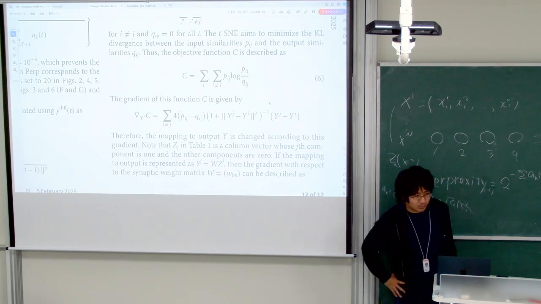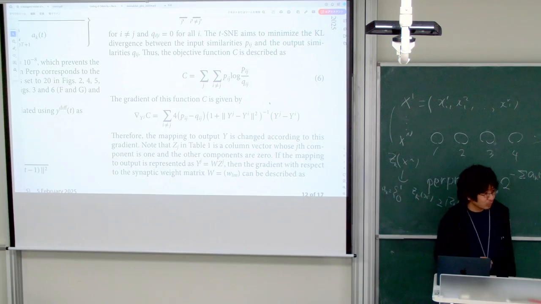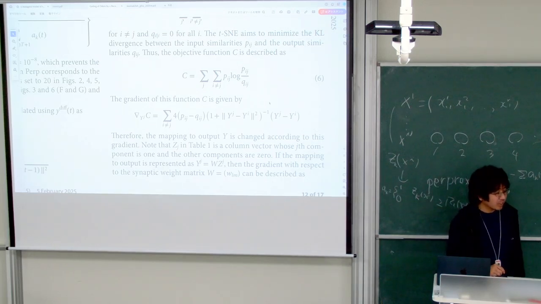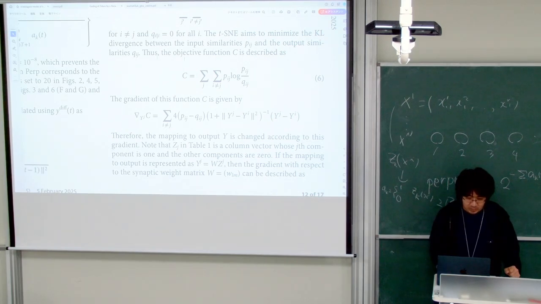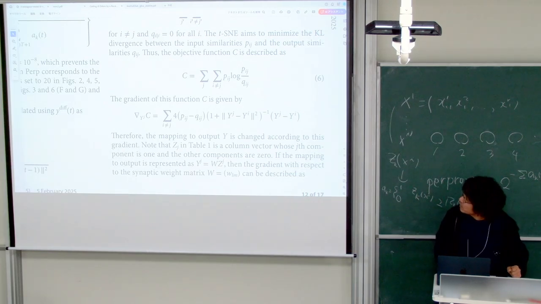Right. So our objective is to train the W, right? Then shouldn't we calculate the gradient in terms of W, using this gradient?